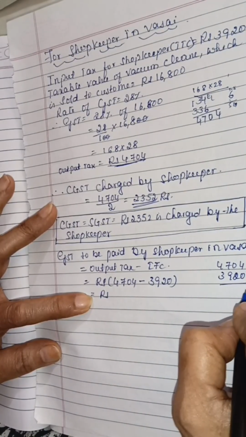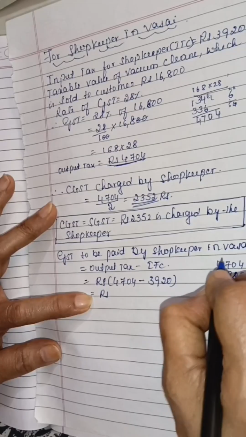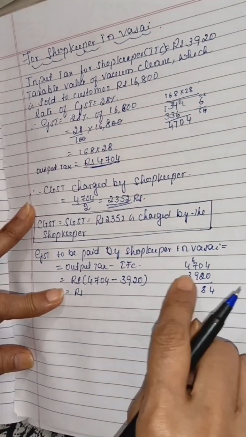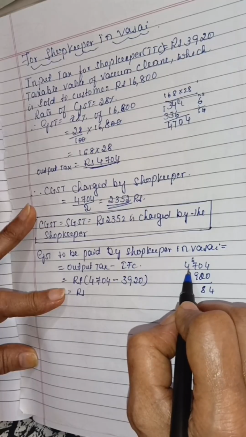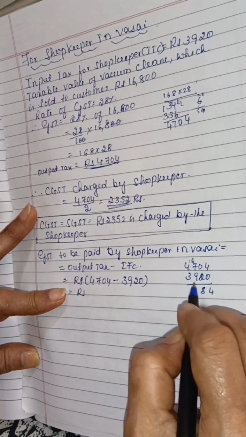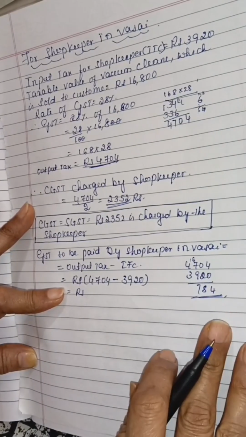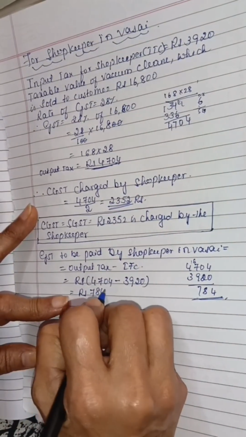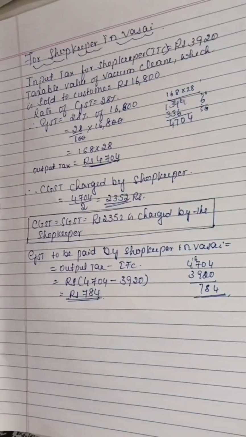Okay, so 4 minus 0 is 4, 8 minus 2 is 6, then 7 minus 9 is not possible, so bring 1 from here, 17 minus 9 is 8, 6 minus 3 is 3. So rupees 784. Now see, this is GST.